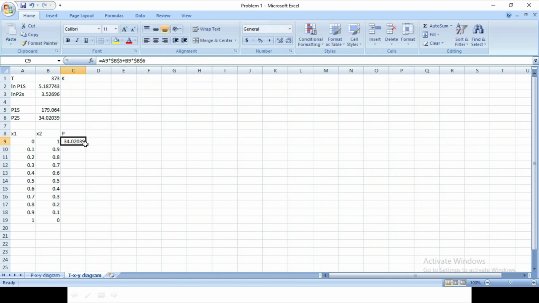And I am going to copy the formula to the entire column. If you look at the formula, here A9 and B9, and in the second cell A10 and B10, but the B5 and B6 cells are fixed. That's why I put the dollar symbol to lock the cells of P1s and P2s, since P1s and P2s don't change with mole fraction; they are constant for the given temperature.